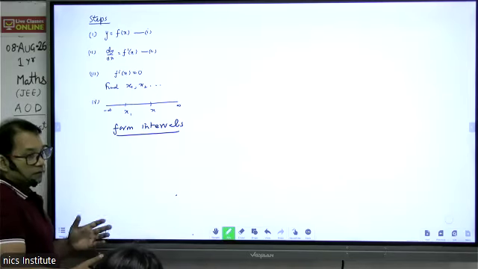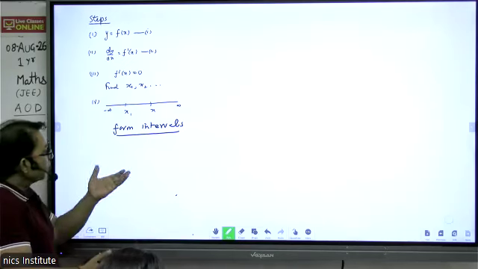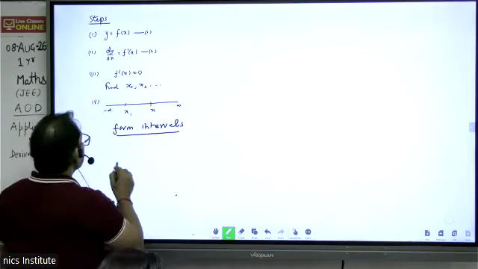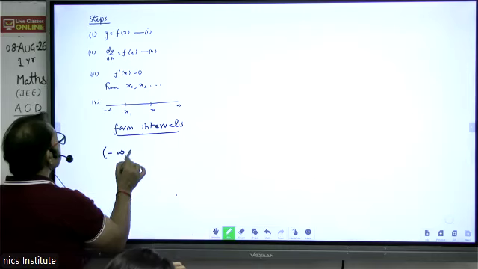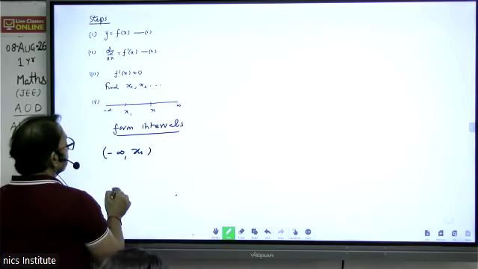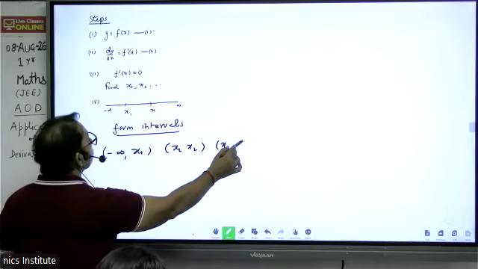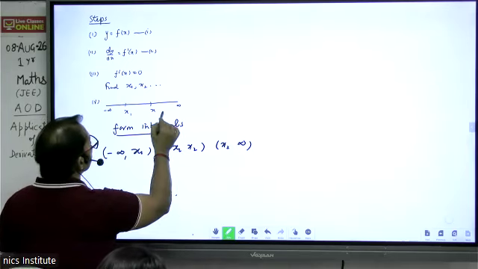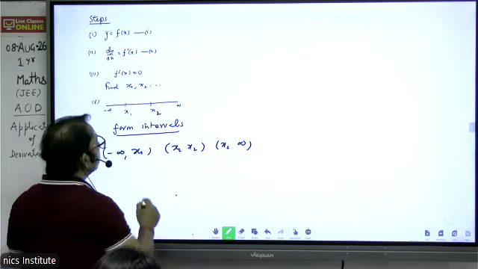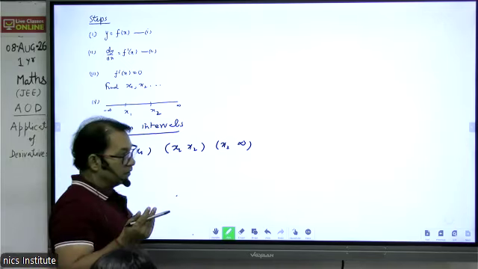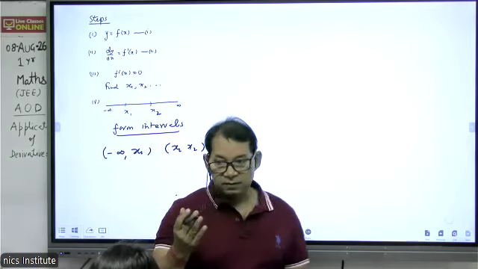See, in entrance exams, steps won't matter, but in boards you have to write the steps. Form intervals. What will the intervals be? Minus infinity to x1, next is x1 to x2, and third is x2 to infinity. It depends: if there's only one critical point, two intervals; two critical points, three intervals; three critical points, four intervals.